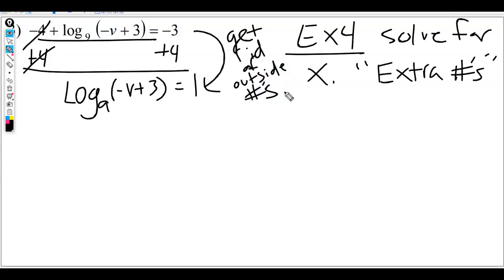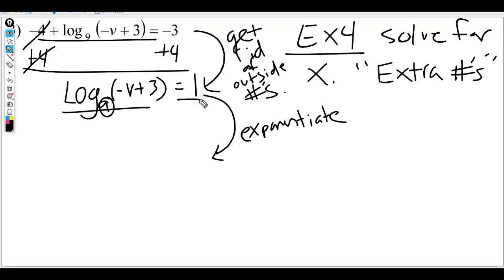Okay? Step 2 is going to be what we did last time. It's going to be to exponentiate. So what's the base we're working with here? The base is 9. So I'm going to make this side and this side powers of 9. So this is going to be 9 to the log base 9 of negative v plus 3 equals 9 to the 1.